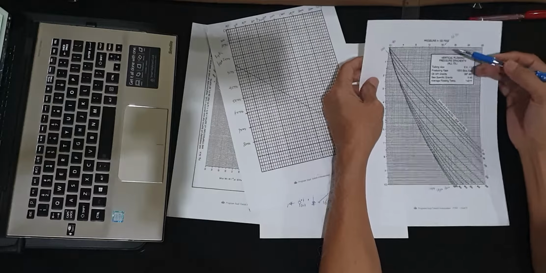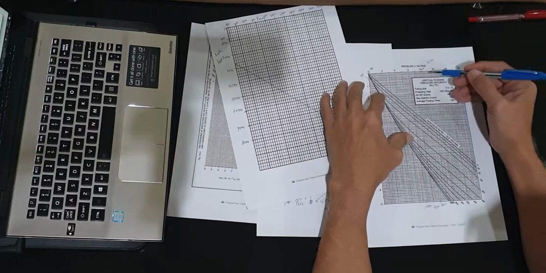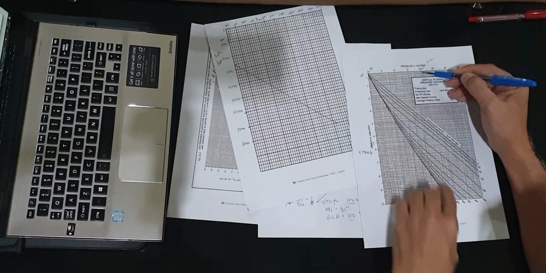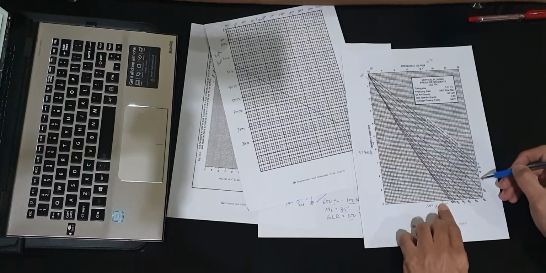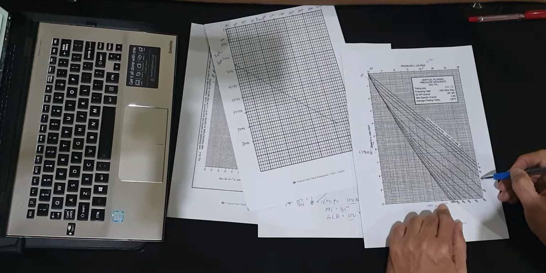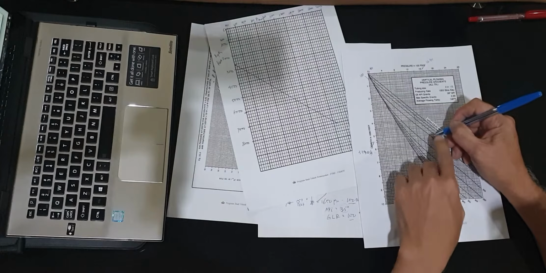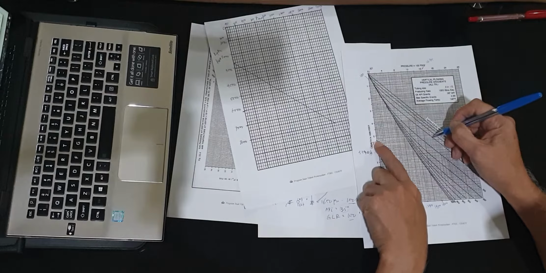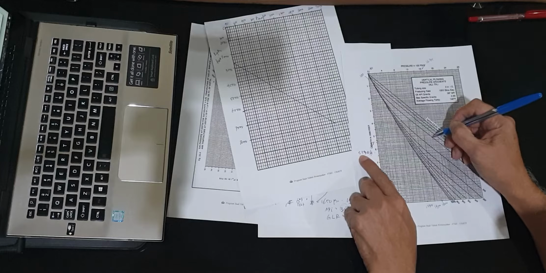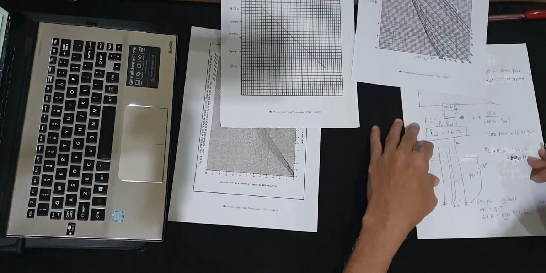So what we do is put the 1635 here to the bottom and meet with GRR of 100. Okay, GRR of 100, we've got the depth. The depth is 5,330. Okay, so that's what we have.